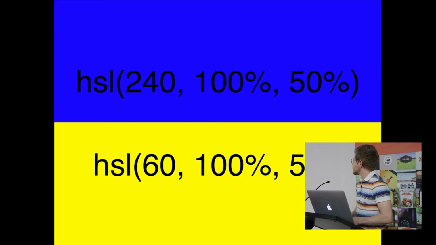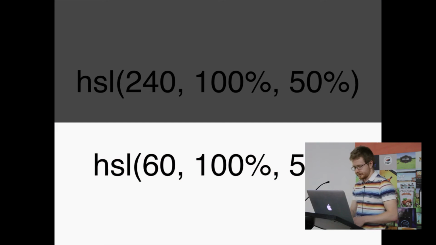So if I change the text color to black, it's pretty hard to read the text with a blue background, even though the saturation and lightness are the same. So actually, HCL is not a very good color model to solve the problem of calculating the contrast.